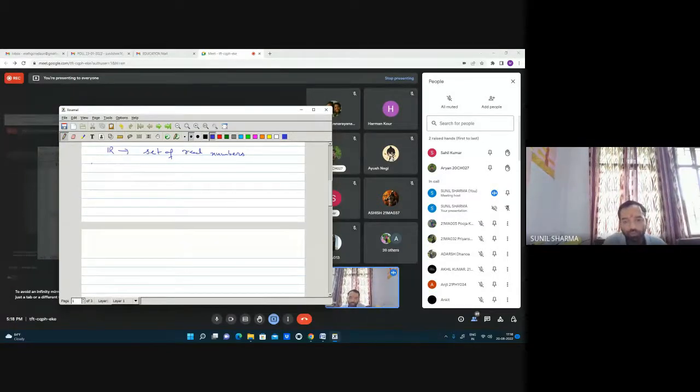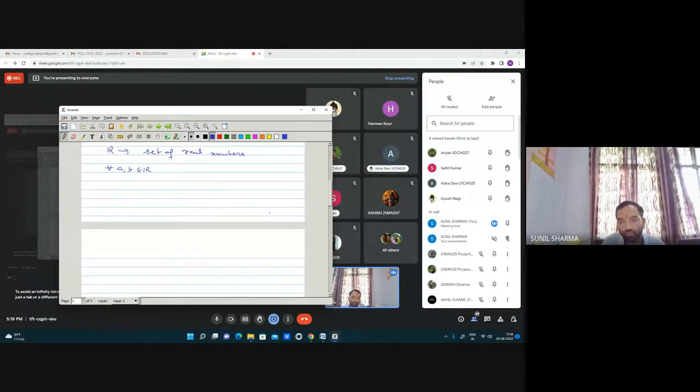Real numbers satisfy some properties. Can someone tell me, if we take any two real numbers, what is the sum of the two? If we add them, what do we get? Yes, Ayush.